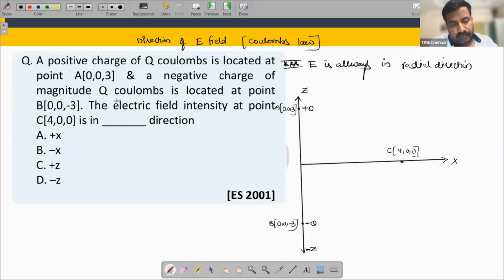Now you know a positive charge is the source of electric field, so the electric field will move radially outward like this.